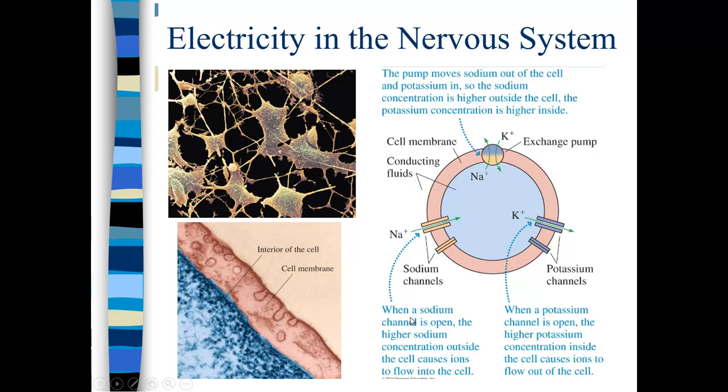When a sodium channel opens up, then sodium, this is a channel, so it's just a tube, flows in, potassium flows out, and this flux of ions then causes an electrical stimulus.